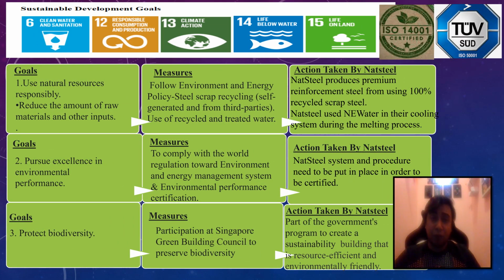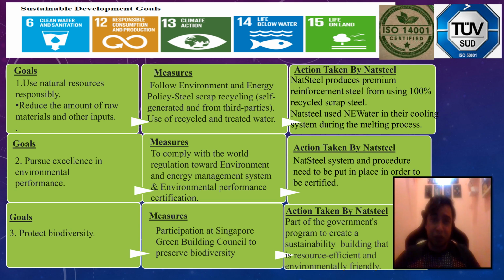Here are the sustainable development goals that NATSTEEL could apply. Number one goal, use natural resources responsibly by reducing the amount of raw materials and other inputs. Therefore, they should follow environment and energy policies. By recycling, they should use back steel scraps taken from their self-generated steel waste or from third-party collected sources.